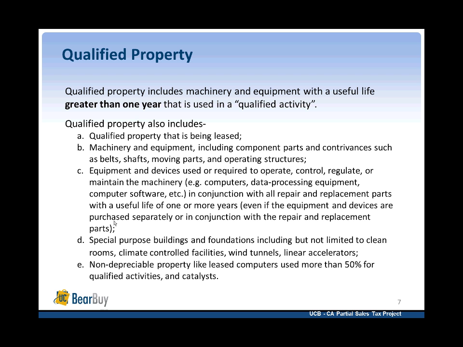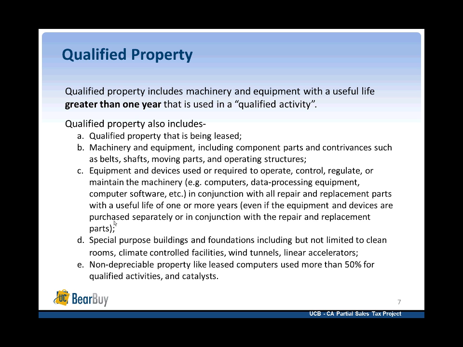Equipment and devices used or required to operate, control, regulate, or maintain the machinery also qualify, and that includes computers, data processing equipment, computer software, and so on. Special purpose buildings and foundations are also included, including but not limited to cleaning rooms, climate control facilities, wind tunnels, and linear accelerators. And non-depreciable property like leased computers used for more than 50% of the time also qualify, as long as they're being used for qualified activity.